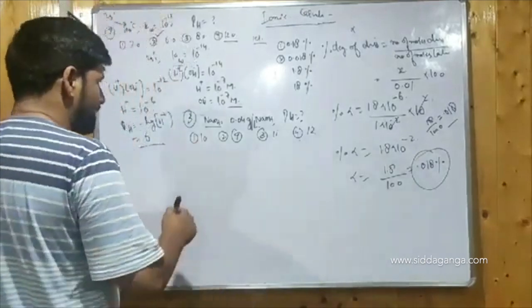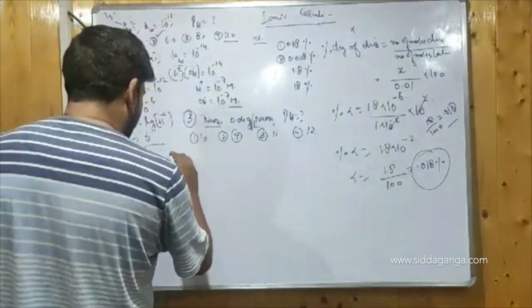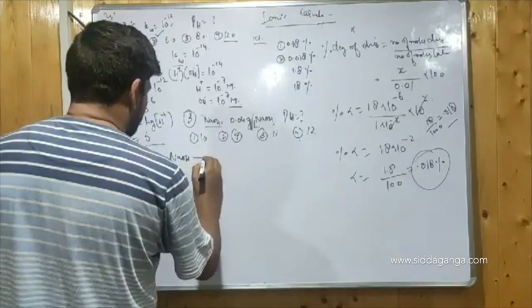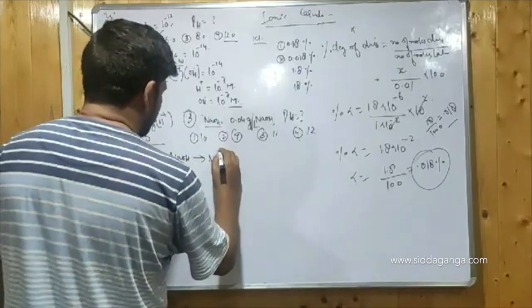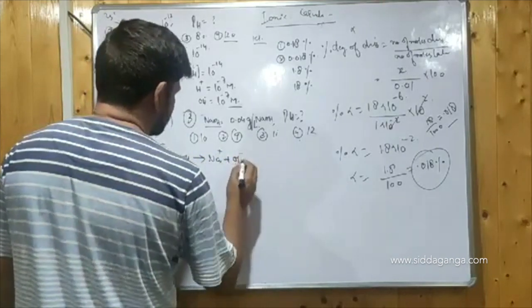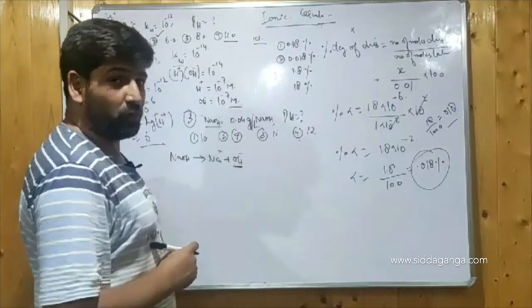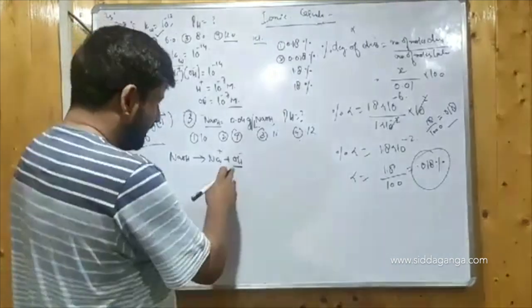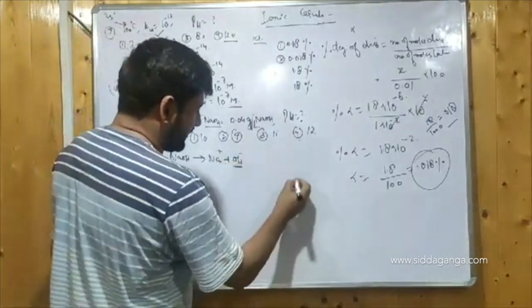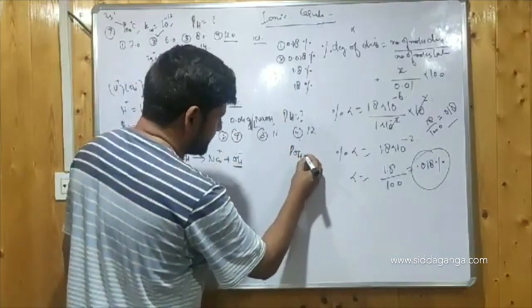First of all, children, when NaOH breaks, what does it give me? It will give me Na plus and OH minus. If I am able to find the molar concentration of OH minus, I can find out pOH.